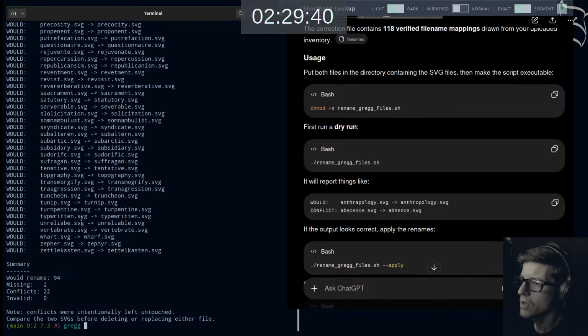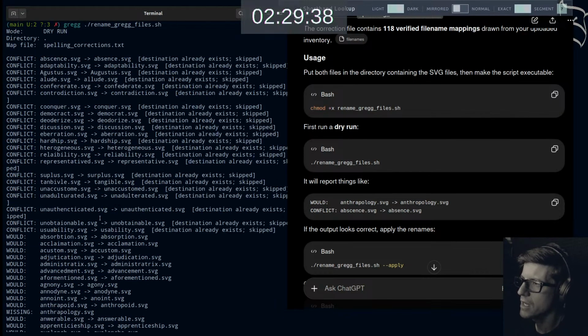Okay. So in the conflicts, you see this? It gives a listing and it shows which ones it would change. It says destination already exists, so it's skipped. So you see here, it gives a little listing as far as why it wouldn't go ahead and change the name.